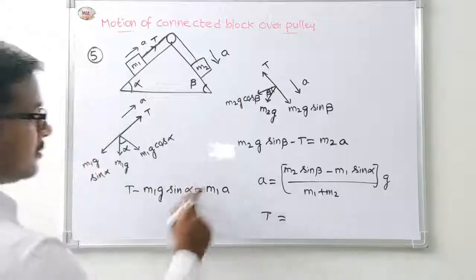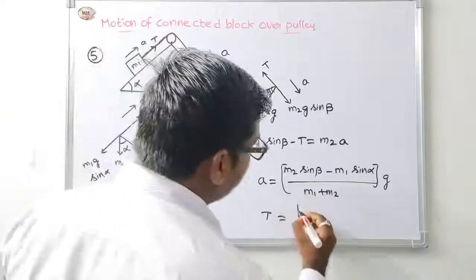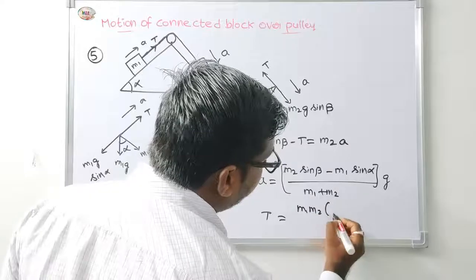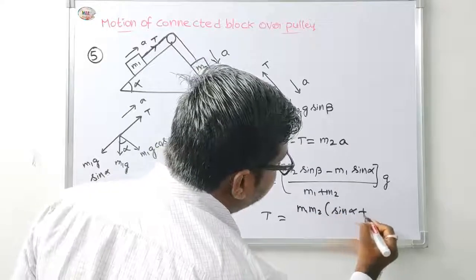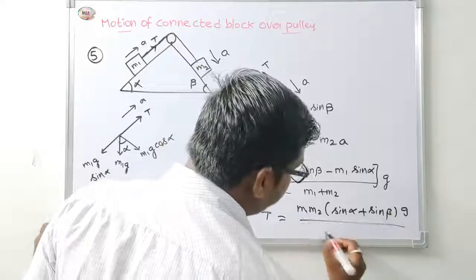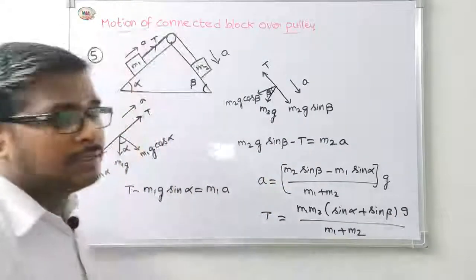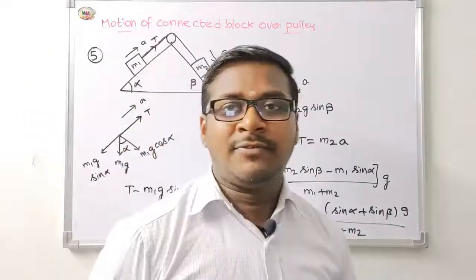Next, the tensional force: after simplification, T is equal to M1 M2 into (sin alpha plus sin beta) into G by (M1 plus M2). This is the fifth case.